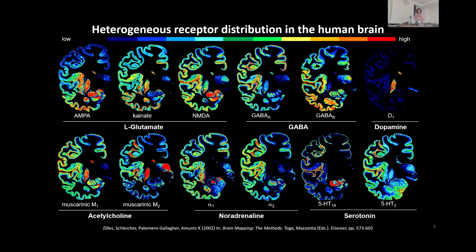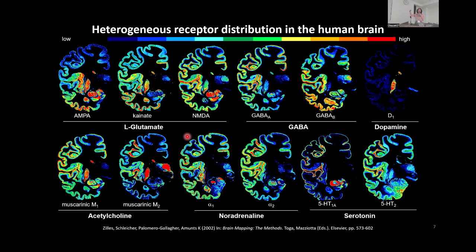So this slide here shows a couple of examples of different receptors through an entire human hemisphere, which has been sectioned around the area of the central sulcus. The central sulcus is this one here, okay? And already at this very low resolution, you can see that receptors have a heterogeneous distribution throughout the brain.